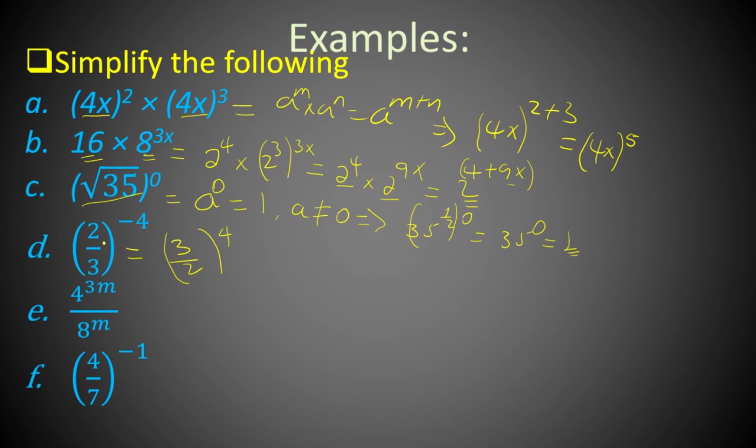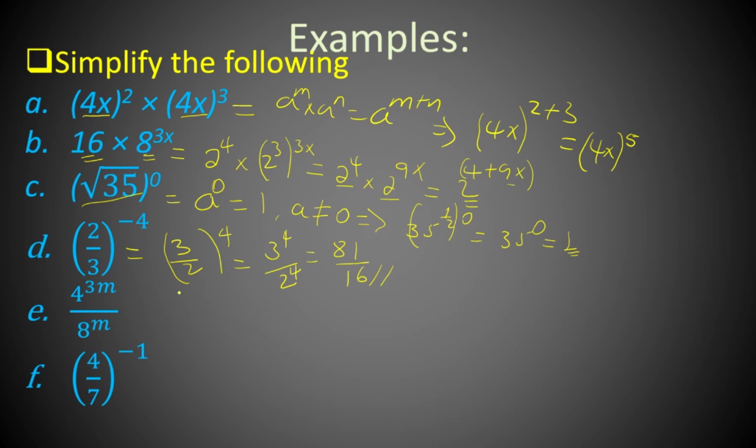Since the first base is 2 over 3 and the exponent is negative, we take the reciprocal of the base again, making the exponent positive. This means 3 to the power of 4 over 2 to the power of 4. 3 to the power of 4 is 81, and 2 to the power of 4 is 16. So the final answer is 81 over 16.